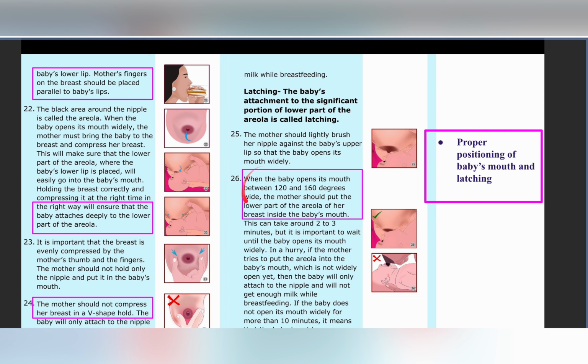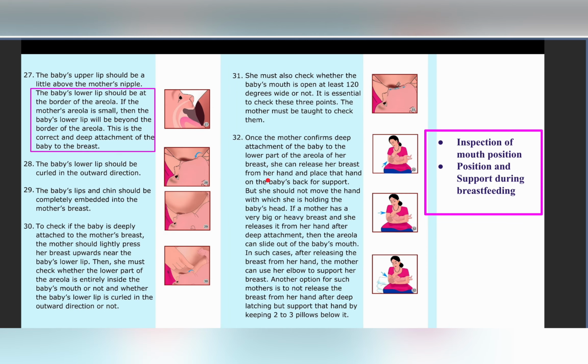And of course, to also get a proper latching, the opening of the mouth should be between 120 to 160 degrees, right? We have discussed these. Please go through these problems over and over again. These are very important, okay? And as we know, for the proper latching and for the deep attachment, the lower part of the areola should be in the baby's mouth, right?